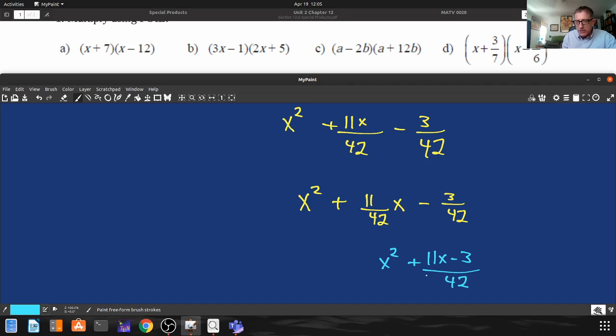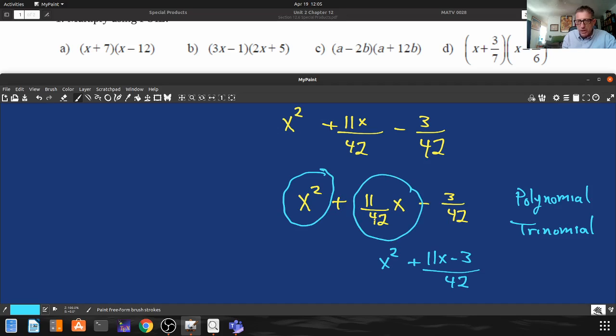And the reason we don't want that is this is a polynomial. In particular, it's a trinomial. It has 3 terms. There's the first one, it has degree 2, coefficient 1. Here's the second term, it has degree 1, coefficient 11 over 42. And here's the constant term, it has degree 0, and its coefficient is itself, it's minus 3 over 42.